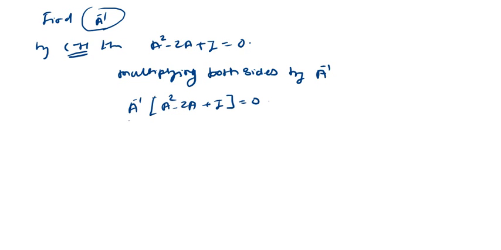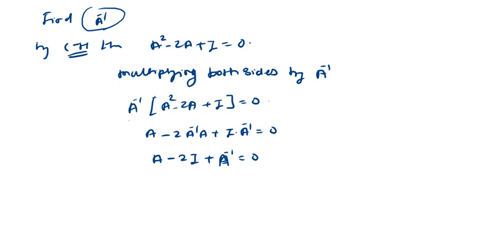So take this A inverse inside. So what will remain in the first term? This will be A inverse into A squared will be A, minus 2 into A inverse into A, plus I into A inverse is equal to 0. So this will be A minus 2I plus A inverse is equal to 0. This is A inverse.